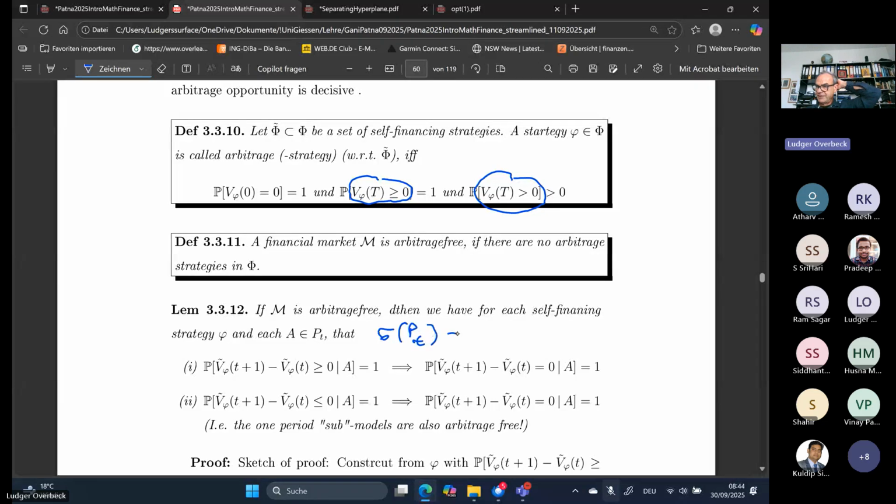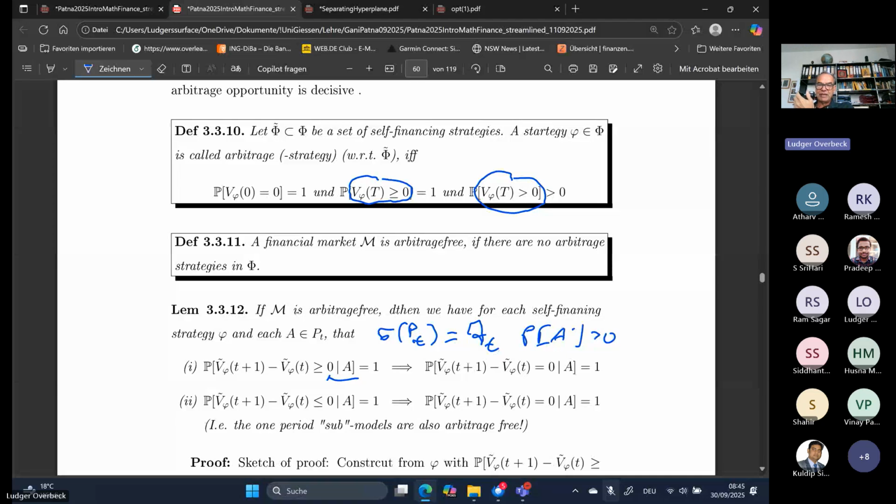Because technically we still have a discrete space. The sets P_t generate F_t, and we can assume that P(A) is larger than 0 in order to have this elementary defined. If you know some measure theory, that's just that this definition is elementary if A has positive probability. So this means a market is arbitrage-free if each of the single period markets has no arbitrage.